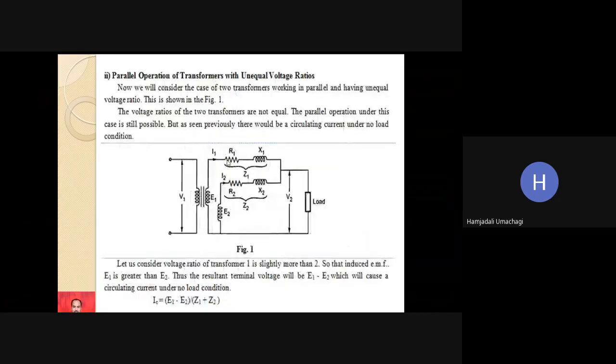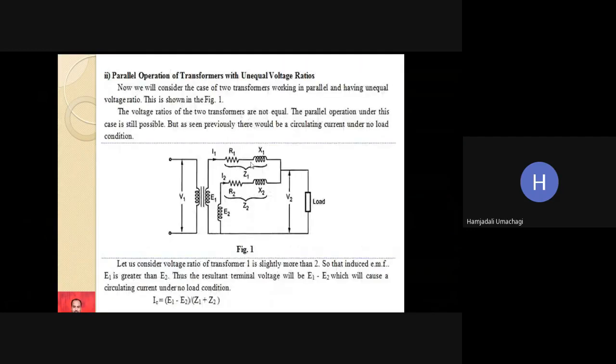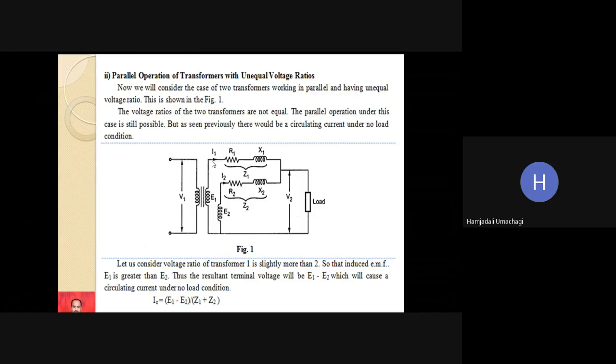Similarly, the induced EMF in the second transformer E2 is equal to load terminal voltage V2 plus the drop in the second transformer, I2 into Z2, so E2 equals I2 Z2 plus V2. You just need to apply KVL to this loop. Then load current IL is equal to I1 plus I2. You can see here the load shared by the first transformer.